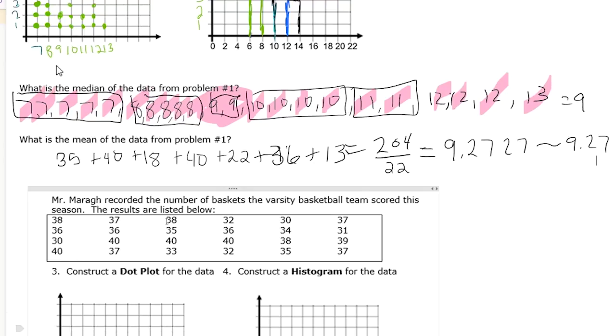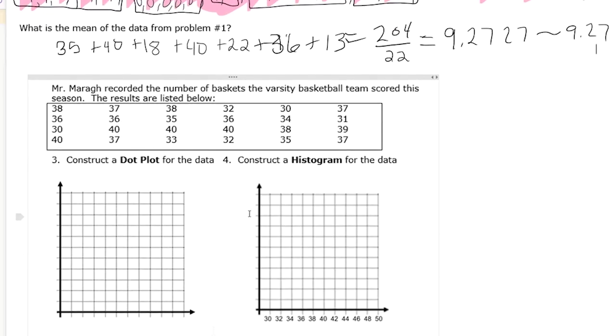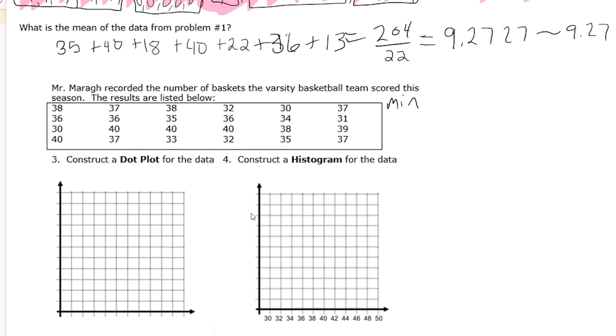All right, let's take a look at doing Mr. Mirag's and the number of baskets the varsity basketball team scored this season per game. All right, so let's find our minimum and let's find our maximum. 30 looks to be our min, and our max, let's see, is about 40.